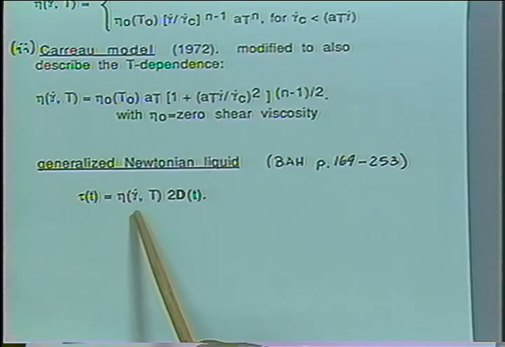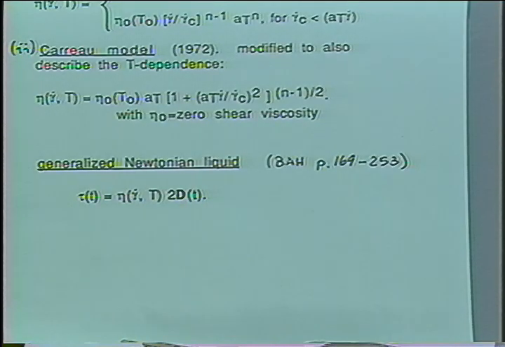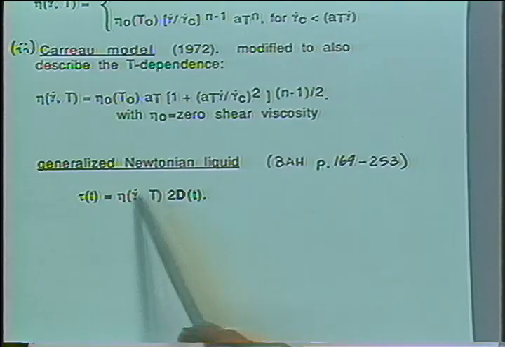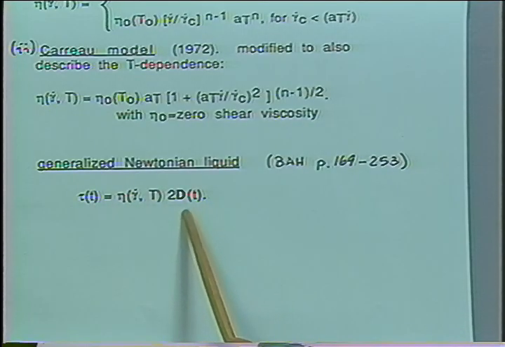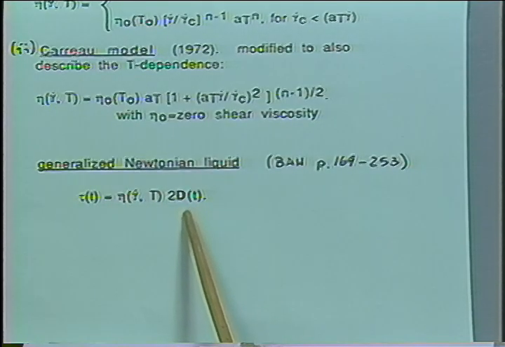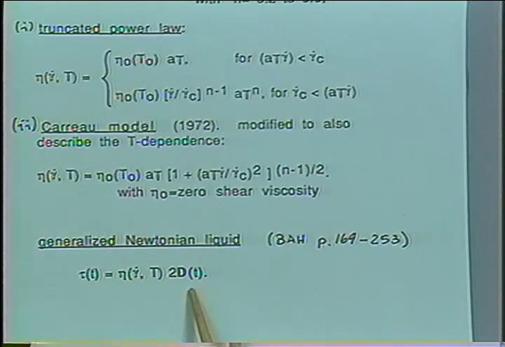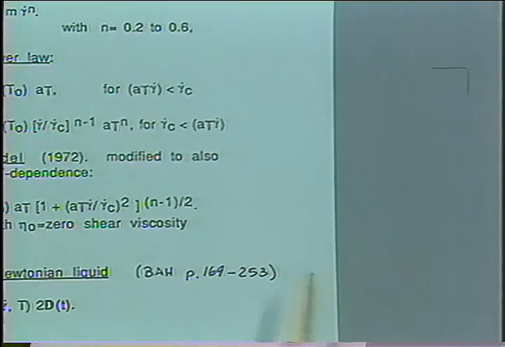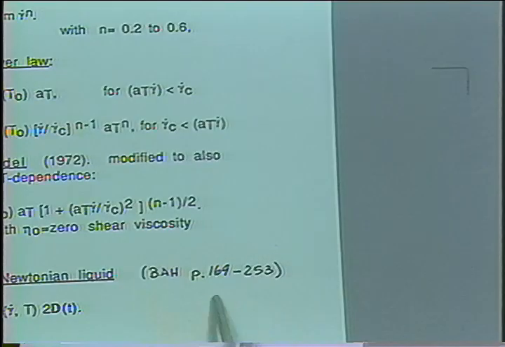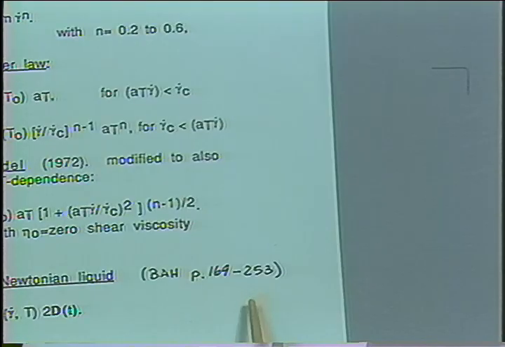And then technically, you could calculate the stress in extensional flow, or you could calculate normal stresses in addition to shear stresses in shear flows. This has been discussed extensively in Bird, Armstrong, and Hassager. Here there's a whole chapter devoted to this so-called generalized Newtonian liquid.